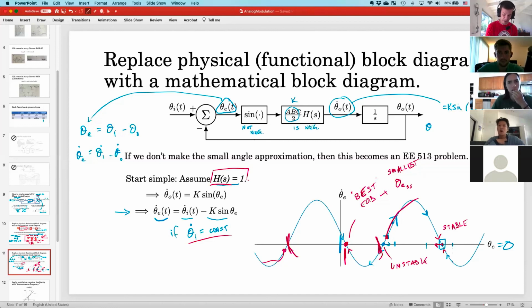If you were to say H of s had a second integrator in it, then all of a sudden we would have a second order system and we would need more dimensions and we'd have things coming out of the page and all that other craziness.